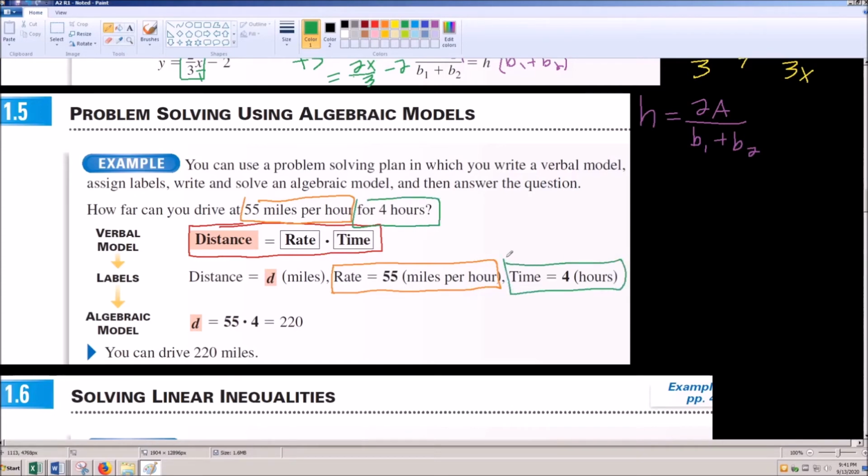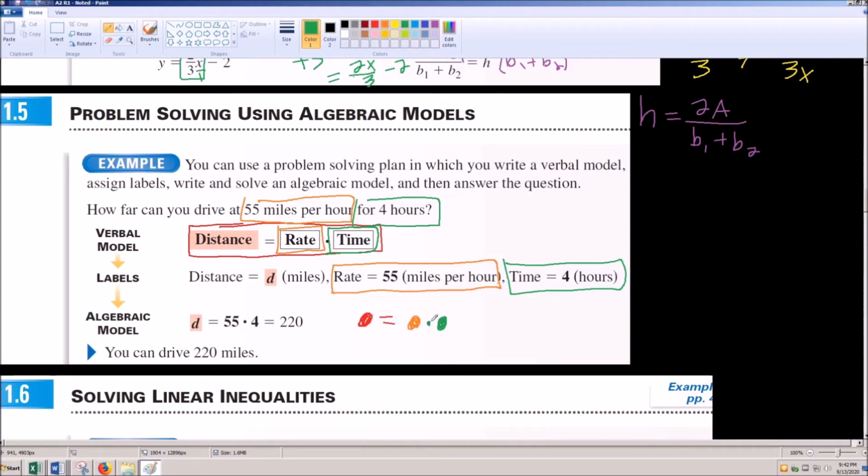So when I'm looking at my equation, I know this piece right here is time, this piece right here is rate, and I'm trying to solve for the distance. So if I were to do this in colors, just to keep it super simple, the red dot is equal to the orange dot times the green dot.